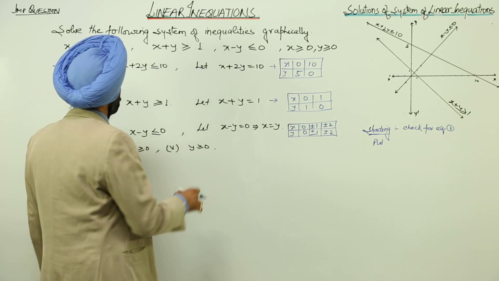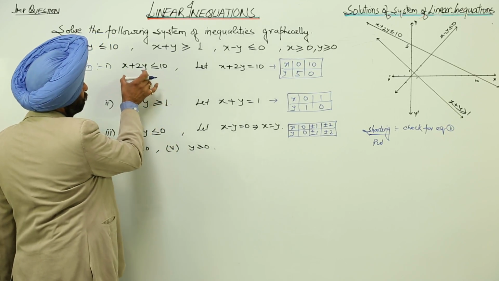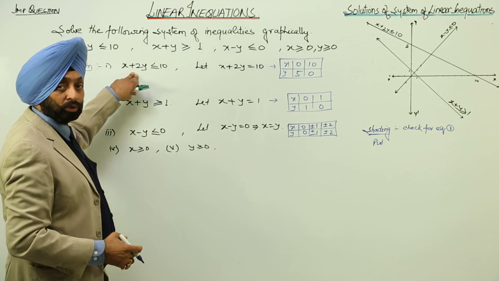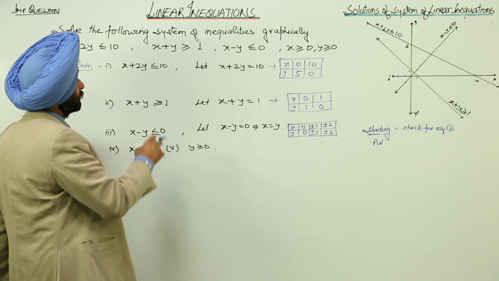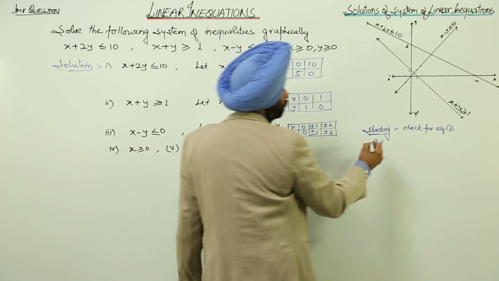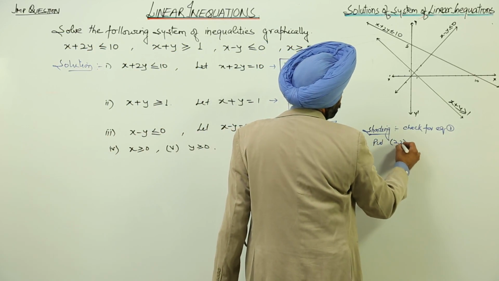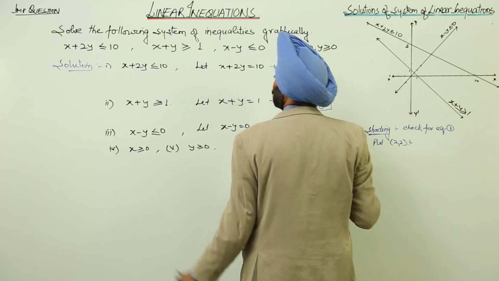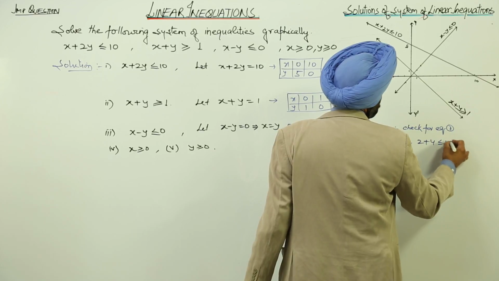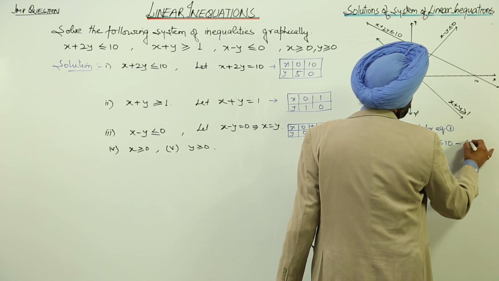Once again I am going to. Now just give me any point or a pair of coordinates which satisfies this one. Now suppose we are having 2 comma 2. Okay, now put 2 comma 2. Now what it gives? 2 plus 4 is less than or equal to 10, which is true.